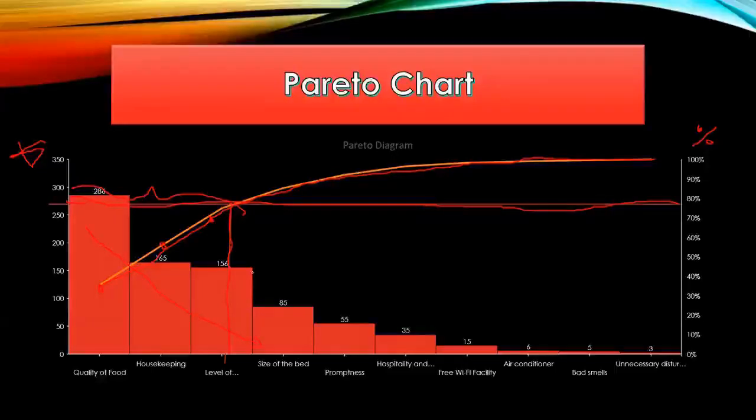By answering those three factors, it will help to satisfy more than 80% of it, right? You can see that you can satisfy more than 80% of it. Now what you have done is you have recognized the most critical factors that influence the dissatisfaction, right?